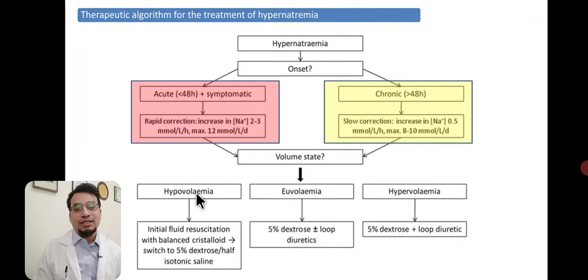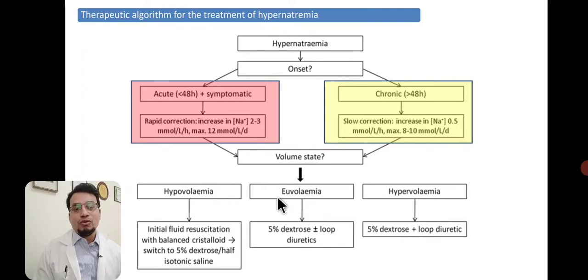So in case of hypovolemia, we should always resuscitate the patient with isotonic fluid like NS or RL, and once hypovolemia is corrected, then we can change the isotonic fluid or balanced salt solution to 5% dextrose or half normal saline. So that is the strategy used when the patient is having hypovolemia or hypotension.